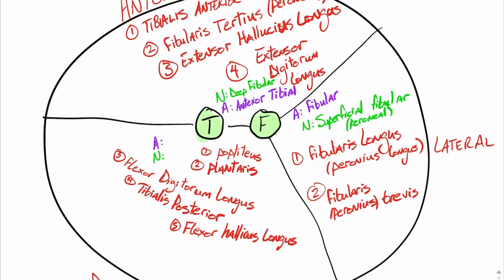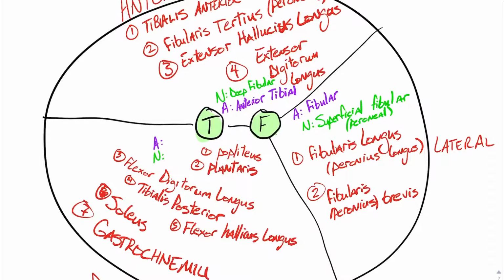And then we have the soleus, so we're moving outward, and the most superficial, oops, this would be 6, and the most superficial, the largest of all of them, the gastrocnemius.